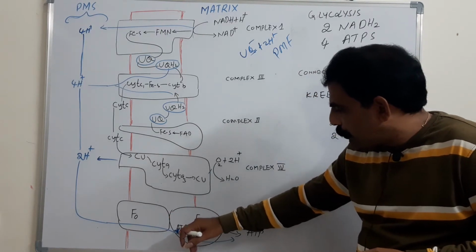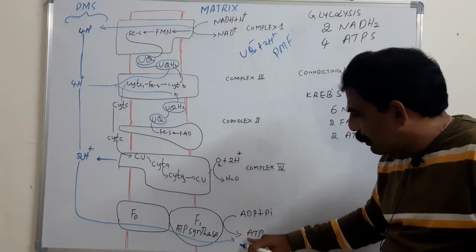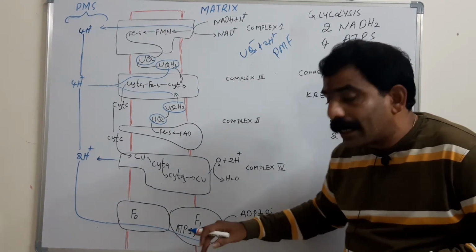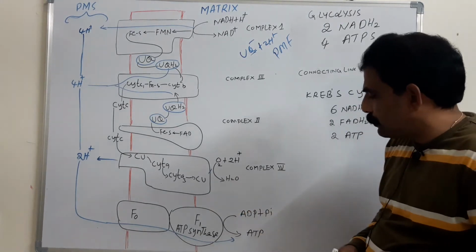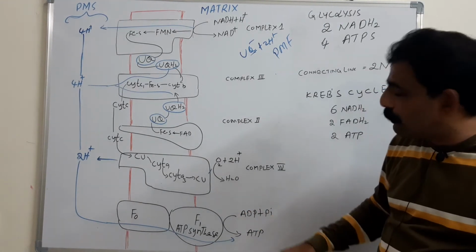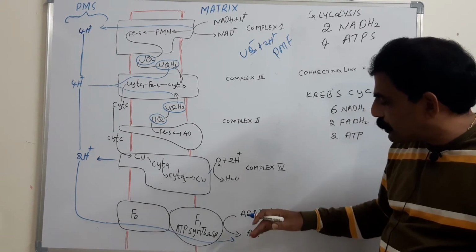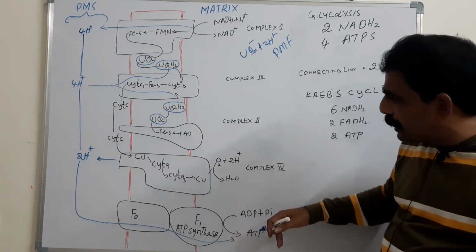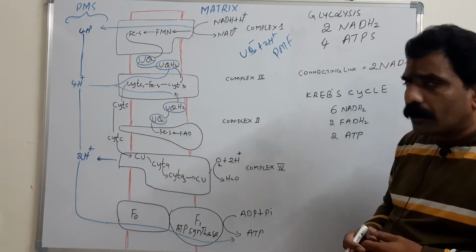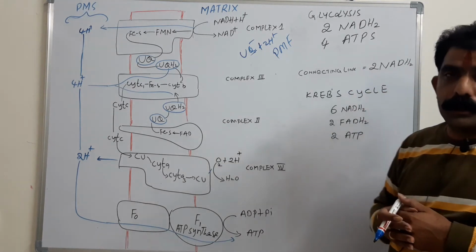When protons flow back from the perimitochondrial space into the mitochondrial matrix, energy is released, and that energy is used for the synthesis of ATP. So ADP and inorganic phosphate combine, resulting in the formation of ATP. ATP is synthesized in the presence of oxygen. That is why it is called oxidative phosphorylation.